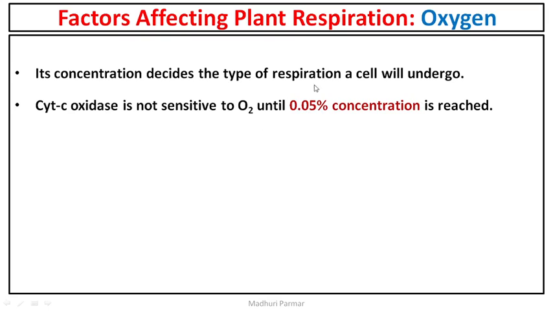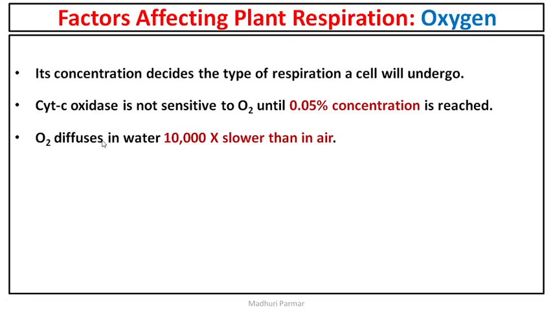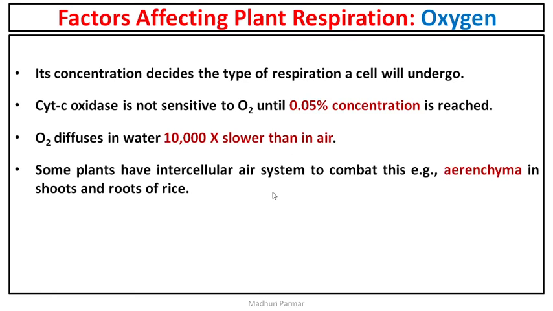So at least 0.05 percent of oxygen should be present for cytochrome C oxidase to function. Then oxygen diffuses very slowly in water, and your body is made up of mainly water. It is 10,000 times slower diffusing in water compared to air. So in this way also it can affect the respiration.